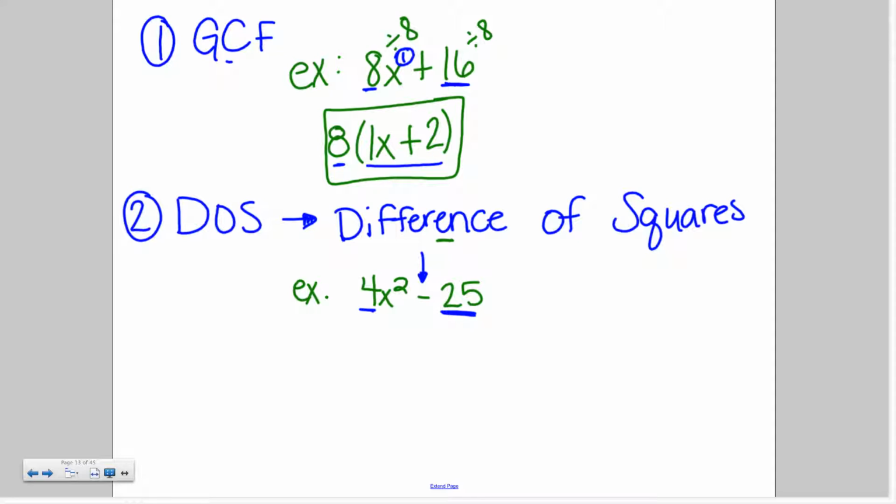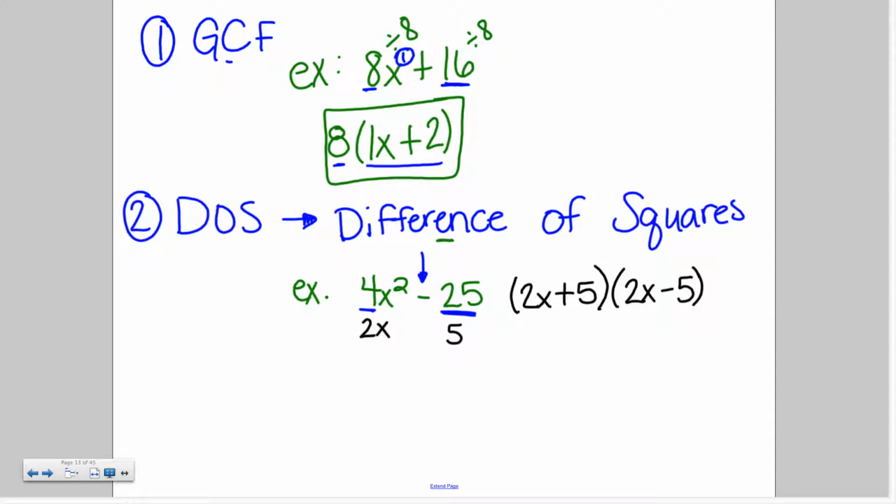If you use that blue sheet, you will know that. So all I'm going to do is I'm going to take my square root of 4 is 2, my square root of x squared is x, my square root of 25 is 5. Now I have my numbers that I can use for my factoring. So I'm going to end up with 2x plus 5 and 2x minus 5. And then I can set those each equal to 0 and get my answer.